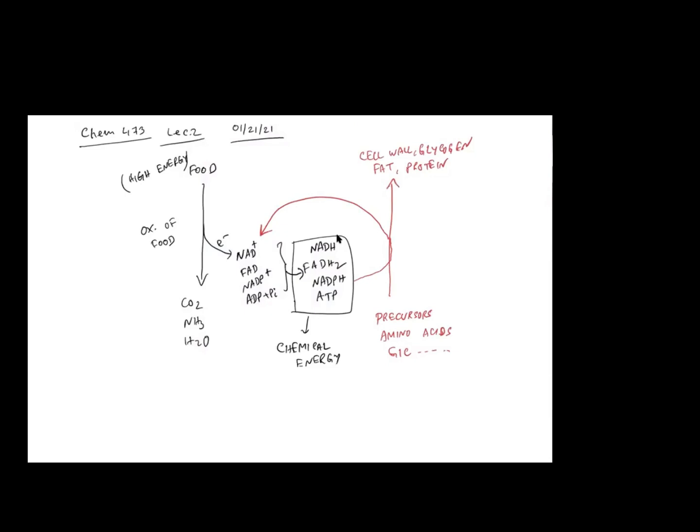So this is anabolism, and this is our catabolism. The cofactors are being reduced in the catabolic process, and they are being reoxidized in the anabolic process. Okay, just keep that in mind.